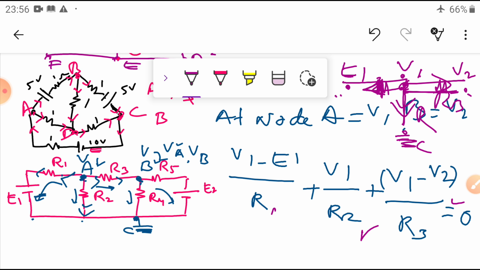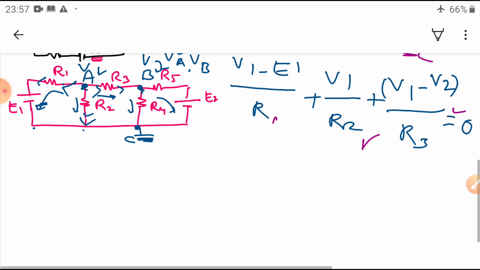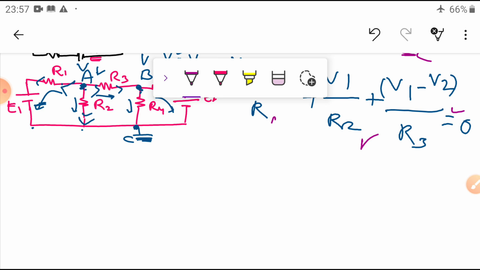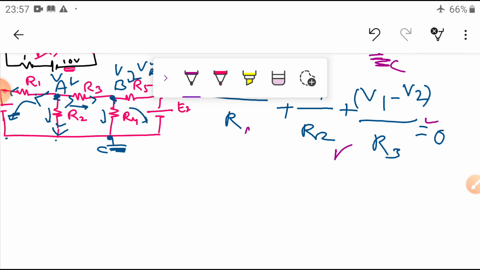Now similarly apply KCL at node B. At node B, what are you observing here?